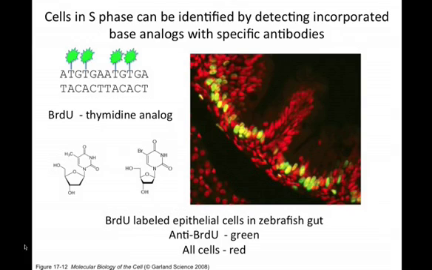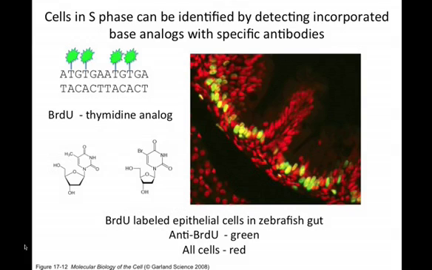And you can then look to see how your drug affected cell cycle, because cells that are very BrdU positive will have just gone through S phase, whereas cells with no BrdU positive cells, something probably affected going through S phase because they weren't able to replicate their DNA. Okay?